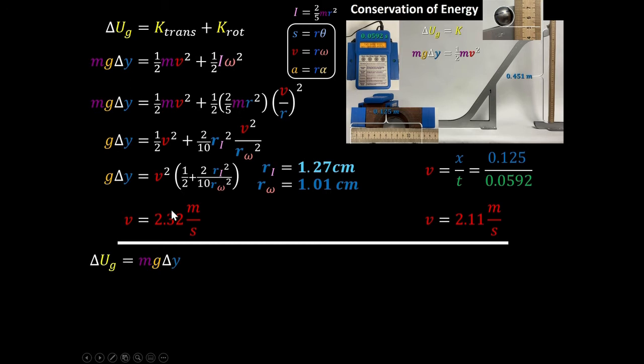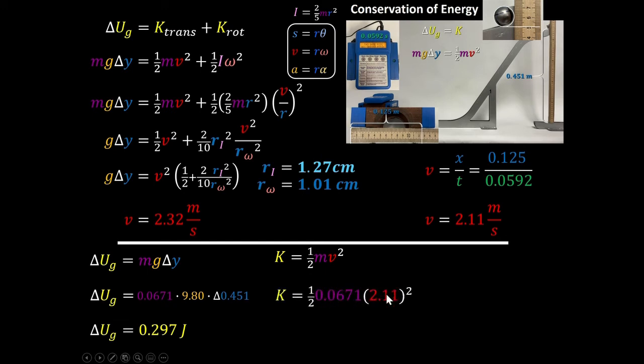Let's look at the energies here. Based upon the mass, gravity, and change in height, it should have lost 0.297 joules of potential energy. That was transformed into translational kinetic energy, and it had this much translational kinetic energy.